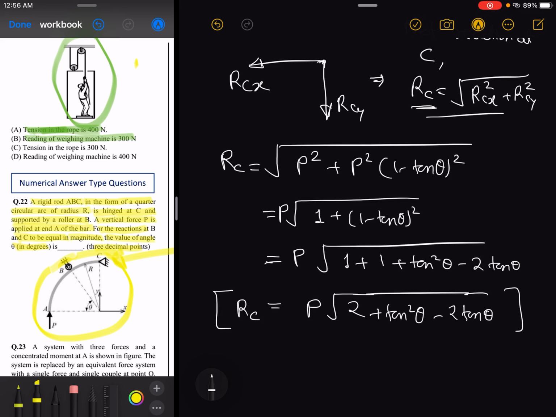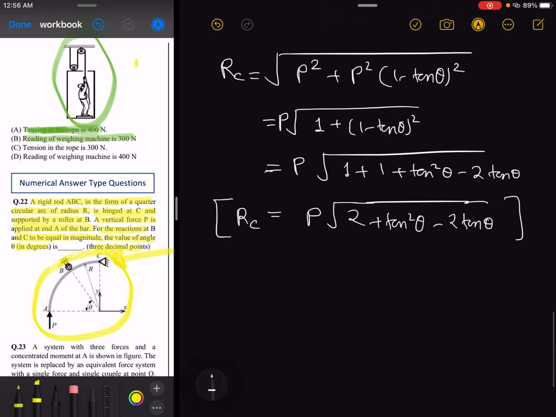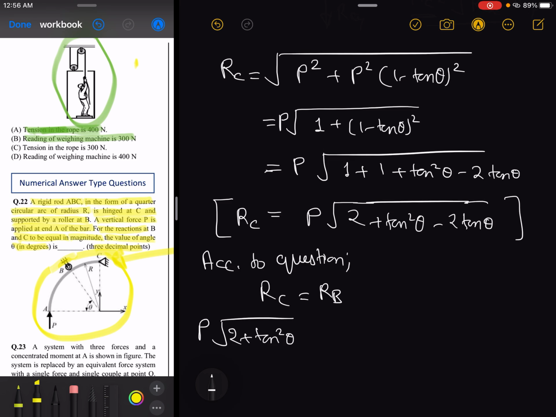Okay, so according to the question RC should be equal to RB. So RC should be equal to RB, then we are getting that RC will be like this, P under root 2 plus tan square theta minus 2 tan theta, and this is equal to RB.